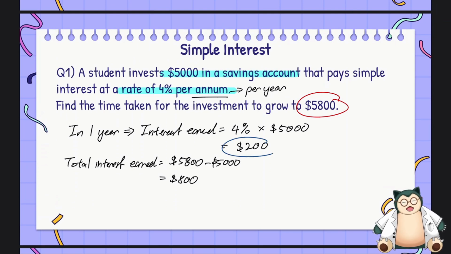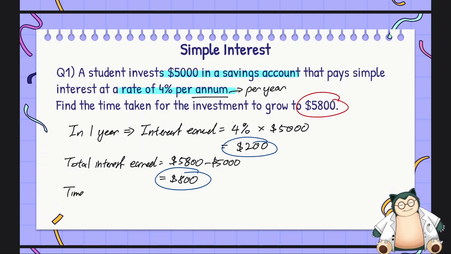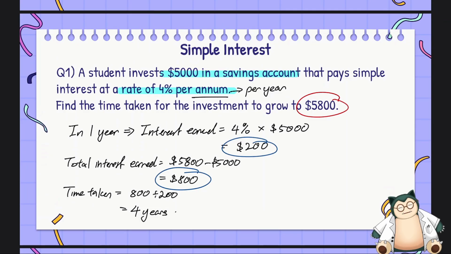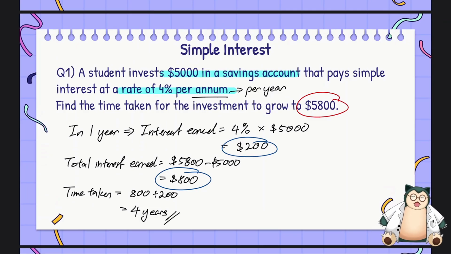Every year he gets an interest of $200 and the total interest is $800, so the time taken would simply be 800 divided by 200, which gives us 4 years. I hope this is clear to everyone. Every year the student earns $200, and the time taken to earn $800 would just be 4 years.